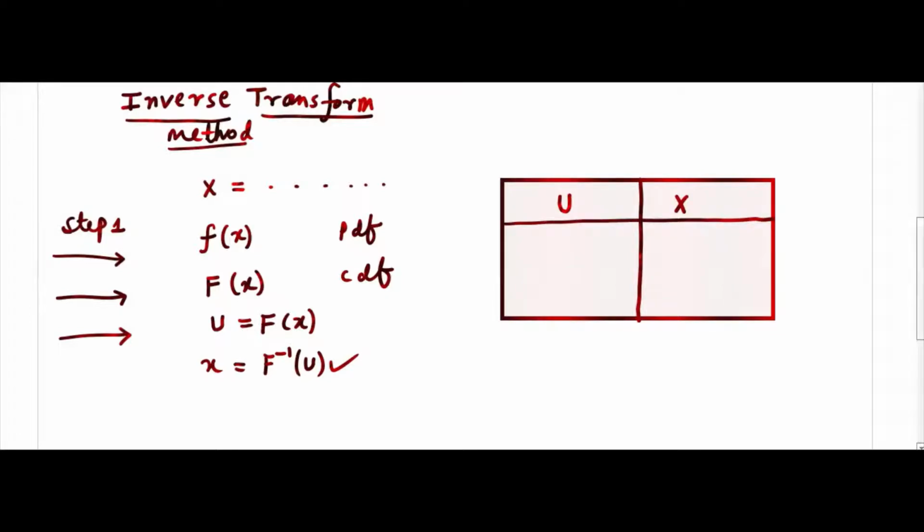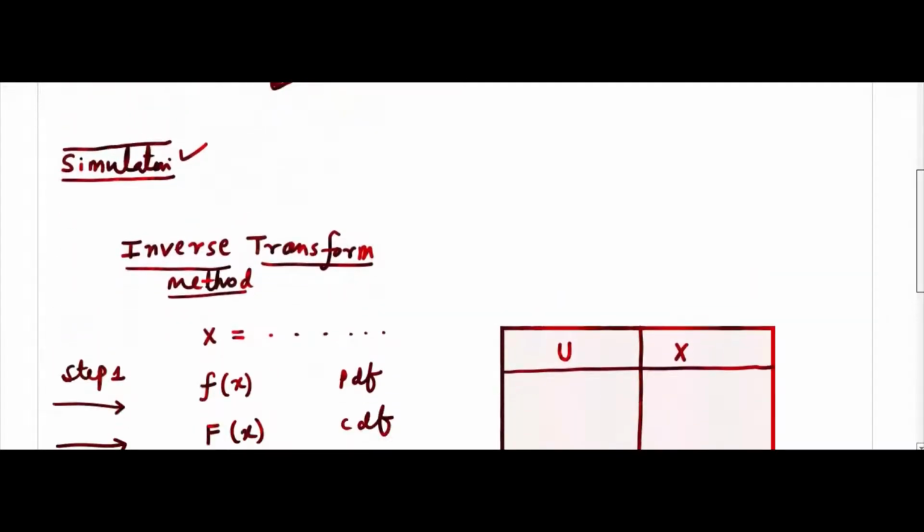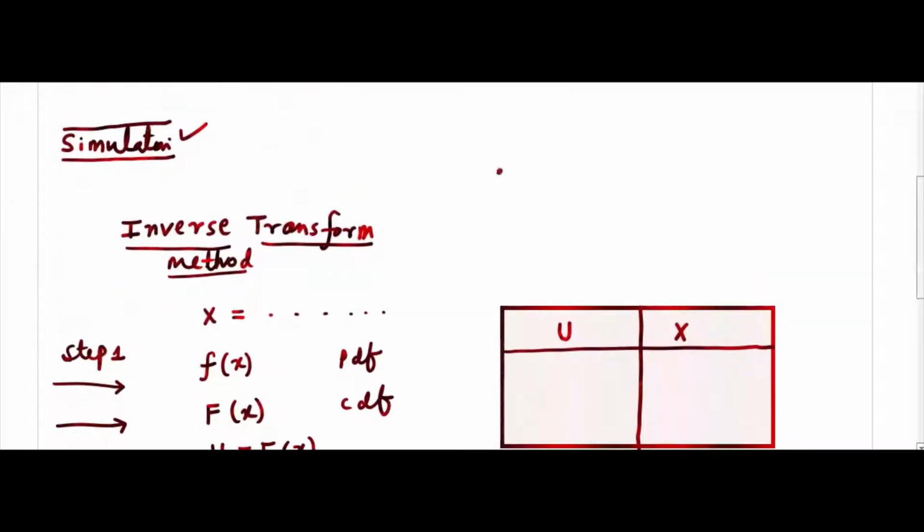Remember one thing that is very, very important. When I say u, this is the U01 distribution, the uniform 0 to 1 distribution, and you are dependent on the U01 distribution if you want to generate numbers from other distributions.